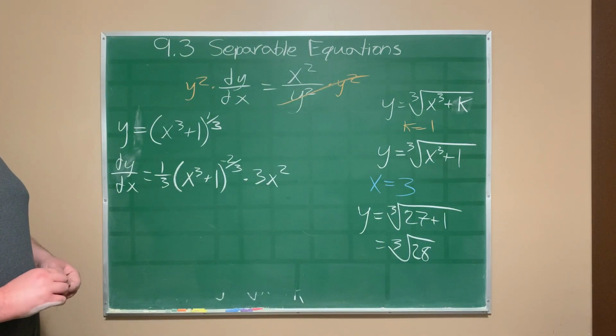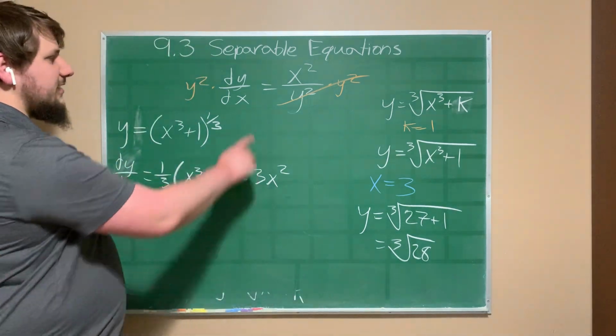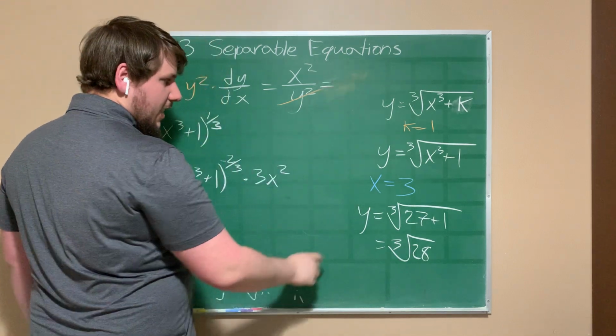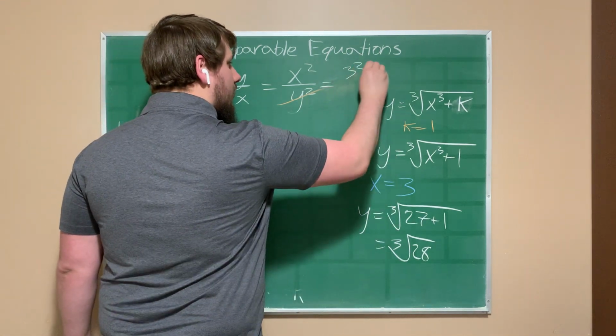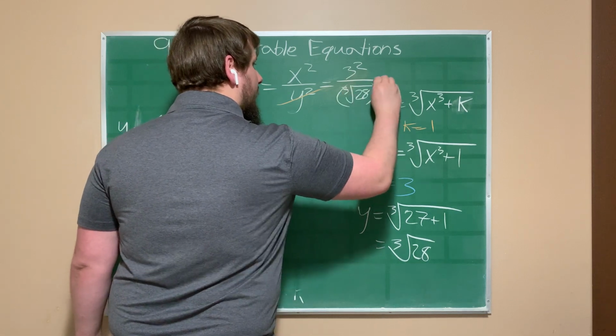All right, so if x is equal to 3 and y is equal to the cube root of 28, then dy dx here would be equal to 3 squared over the cube root of 28 squared.